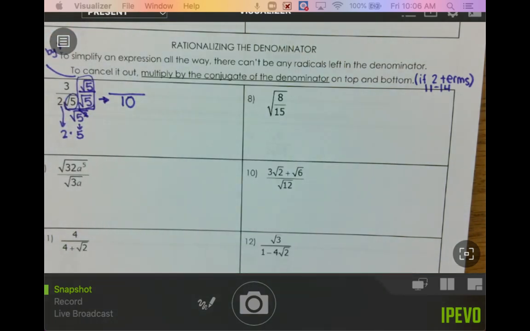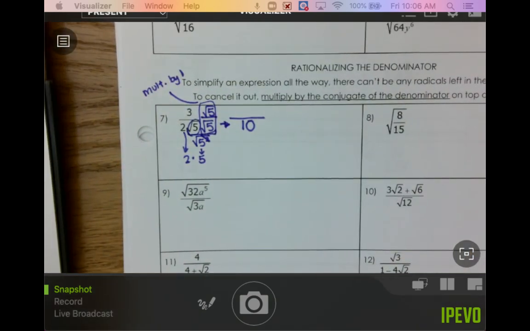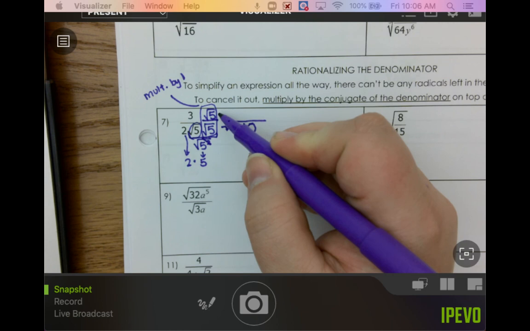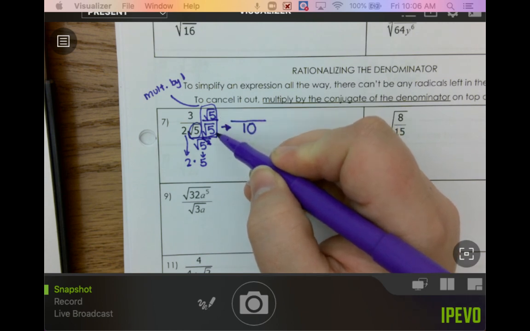And you're allowed to multiply a problem by 1. Sorry, didn't realize you guys couldn't see that. There you go. You're allowed to multiply things by 1. That doesn't change a problem. You can add a 1 in front of x at any point on any problem because it's just multiplying by 1. As long as you do it on top and bottom, you're keeping it balanced.